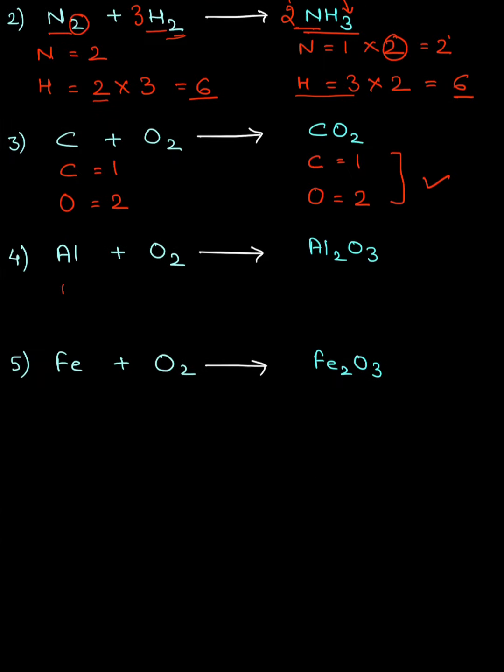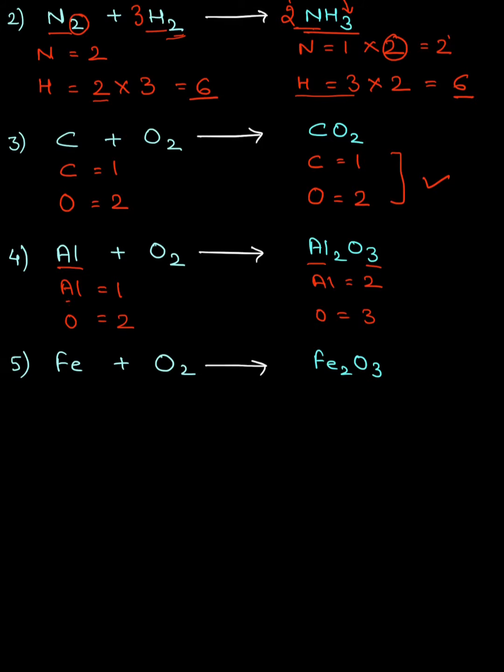Now the fourth equation has aluminium and oxygen. On the left side we observe that there is only 1 aluminium, and on the right side there are 2 aluminium atoms, whereas on the left side 2 oxygen atoms are present and on the right side 3 oxygen atoms are present.